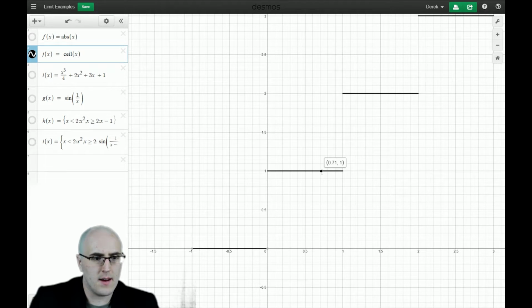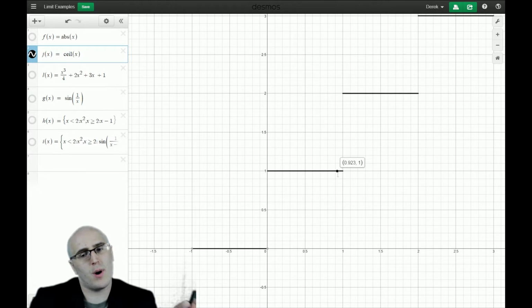On the left side, we've got 0.4, 0.5, 0.6, 0.7, and as we get closer and closer to 1, notice our function value is also approaching 1. And for every single x value that we pick approaching from the left, we can pick another x value that's even closer, and our function value will be just as close to 1, if not closer. In this case, it'll be just as close. But the point is, it is approaching the value of 1.